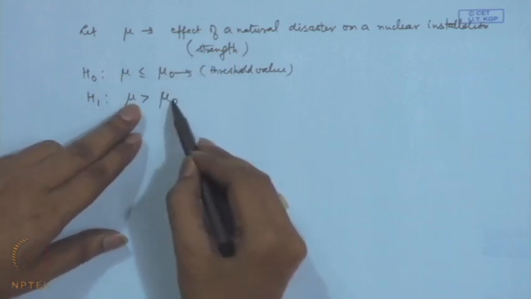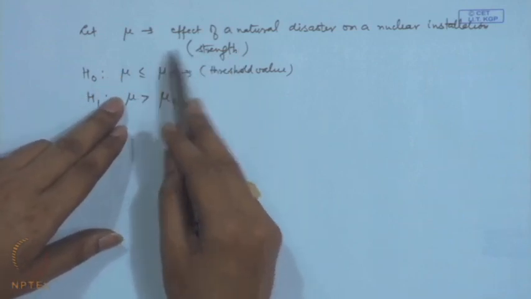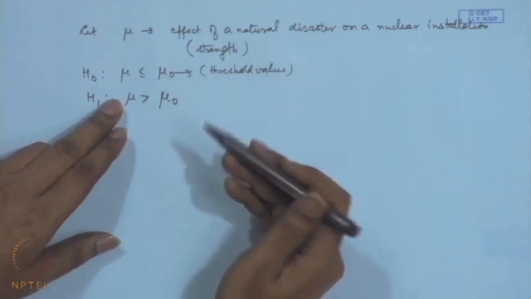However, if it is above this, the installation will be demolished. For example, the effect of the tsunami that we observed last year in the Fukushima nuclear plant in Japan. The effect of the disaster was such that it basically demolished the nuclear installation, leading to a very wide catastrophic effect.